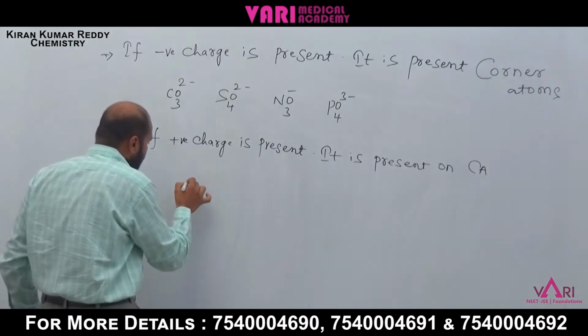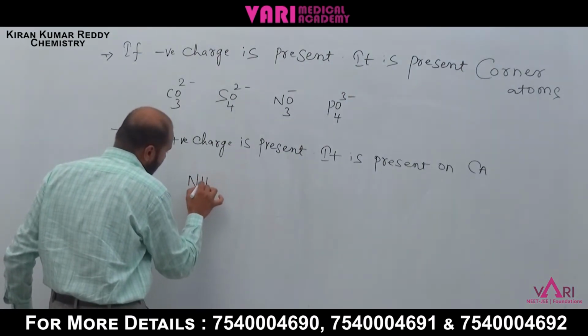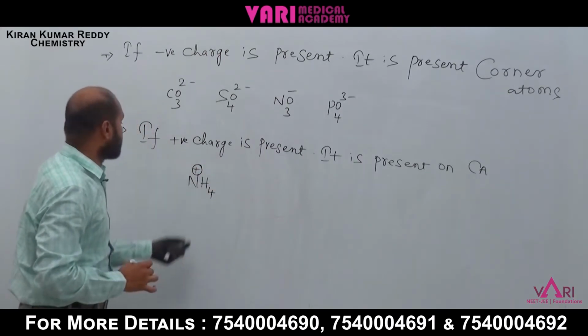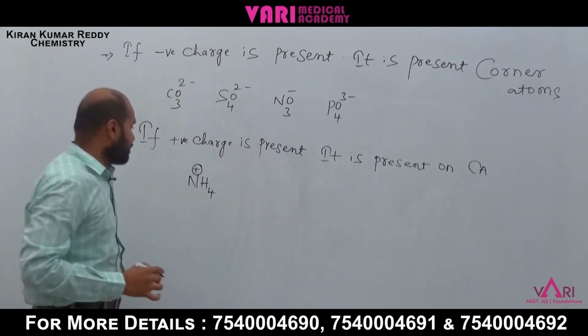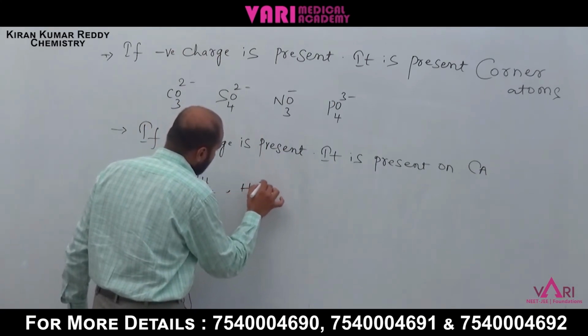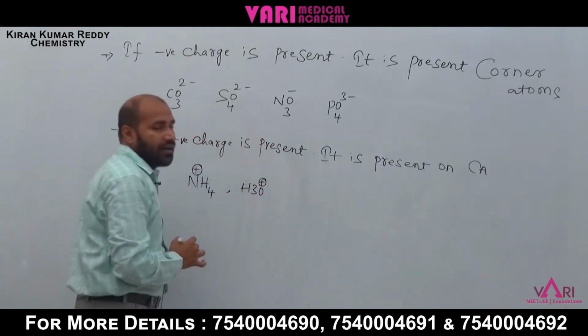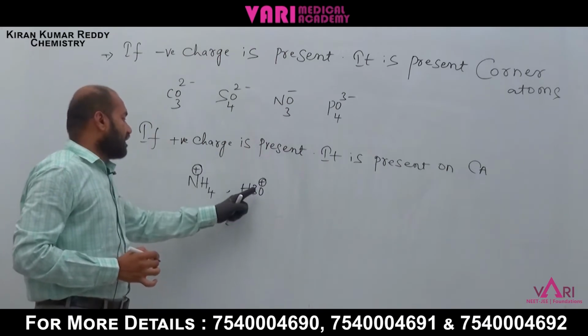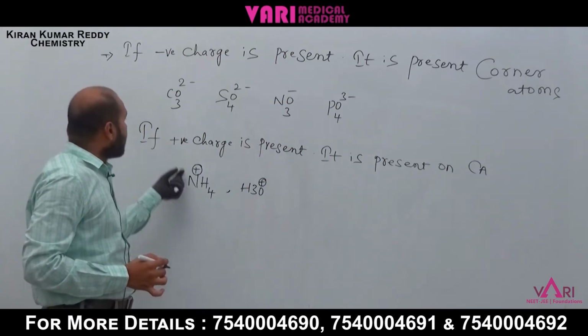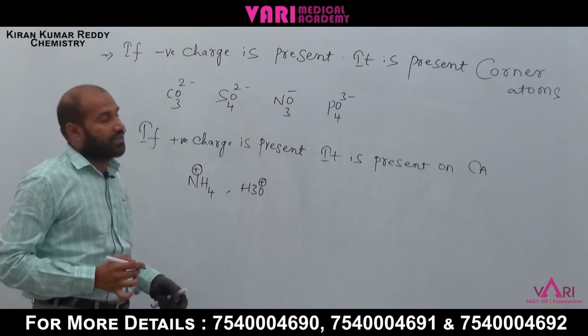For example, NH4 plus. In NH4 plus, the positive charge is present on the nitrogen atom. Next one is H3O plus. In H3O plus, the central atom is oxygen. That's why the positive charge is present on the central atom and negative charge is present on corner atoms.